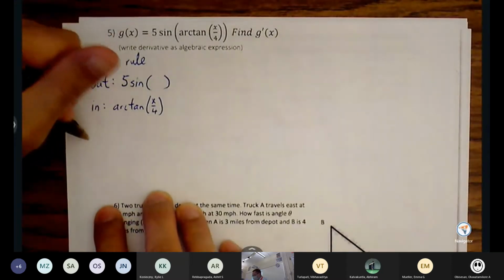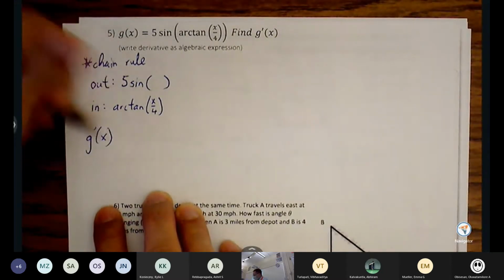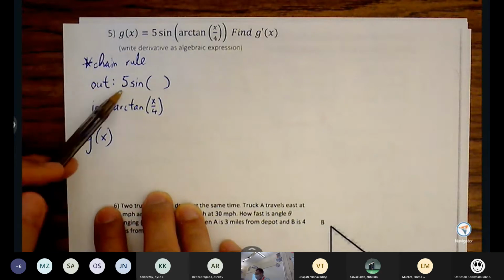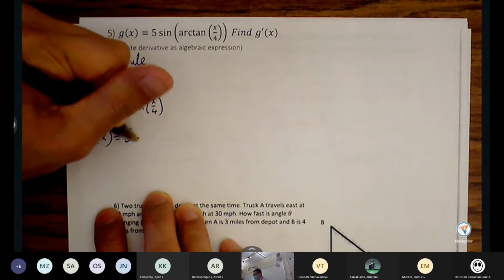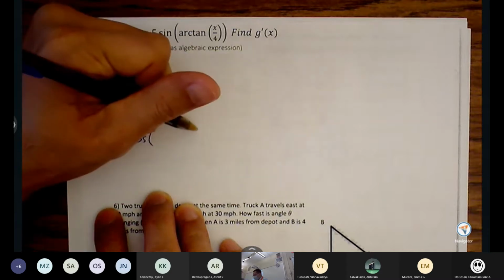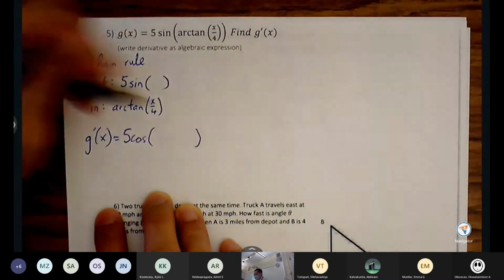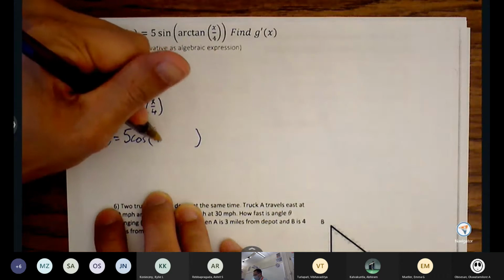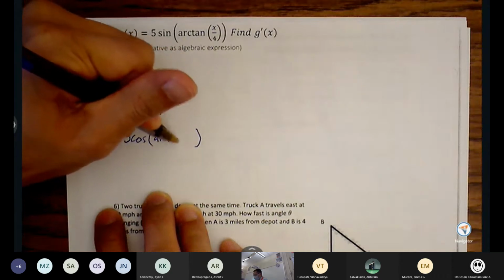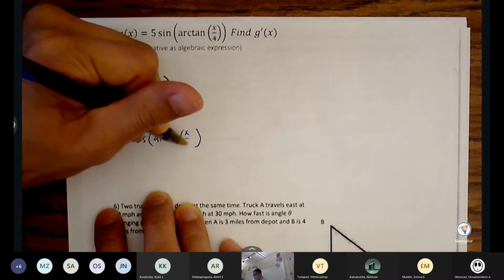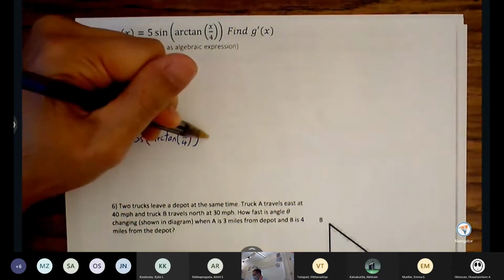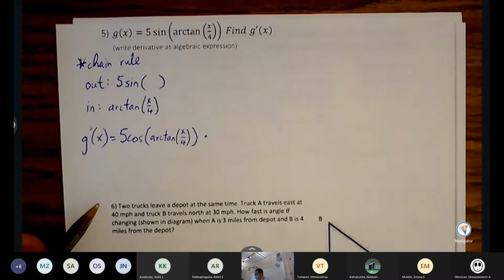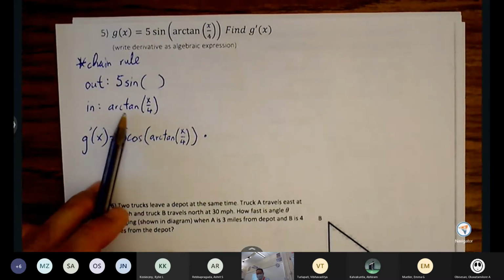Okay, so let's find g prime. Sine's derivative is cosine. Okay, we keep everything inside the u value intact, times the inside's derivative, which is arctangent of u.